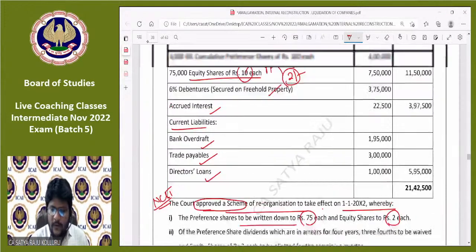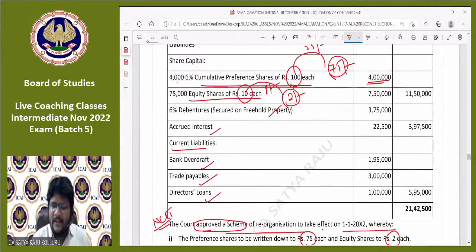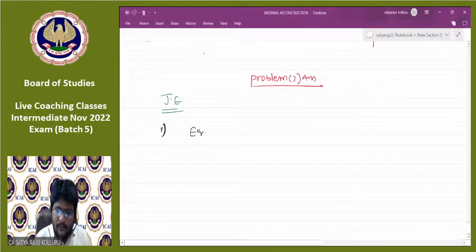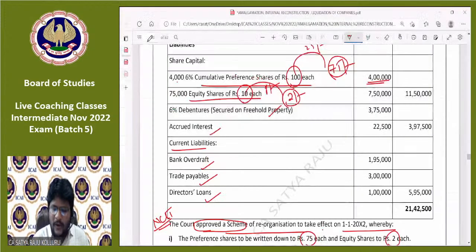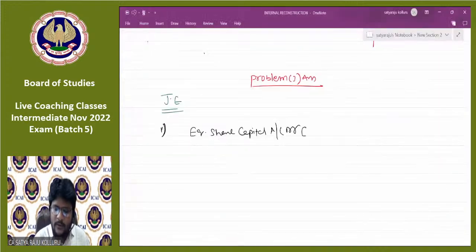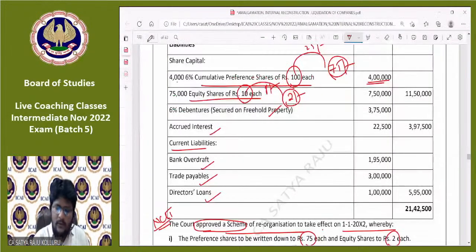The entire existing equity share capital you can cancel because the entire existing face value we are cancelling. That is equity share capital account Dr. How much face value? Earlier 10 rupees. So the total amount was how much? 7,50,000.